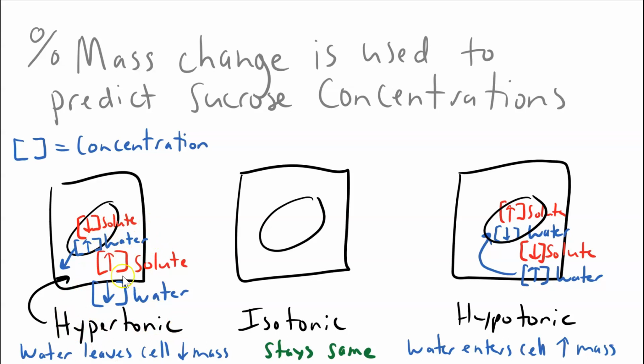That's the description of a hypertonic solution. Isotonic solutions have the same amounts of solute and water, whereas hypotonic solutions surrounding the cell have lower amounts of solute but higher amounts of water. So in a hypertonic solution in general, water will leave, resulting in mass decrease. And in a hypotonic solution, water will enter, resulting in a mass increase.